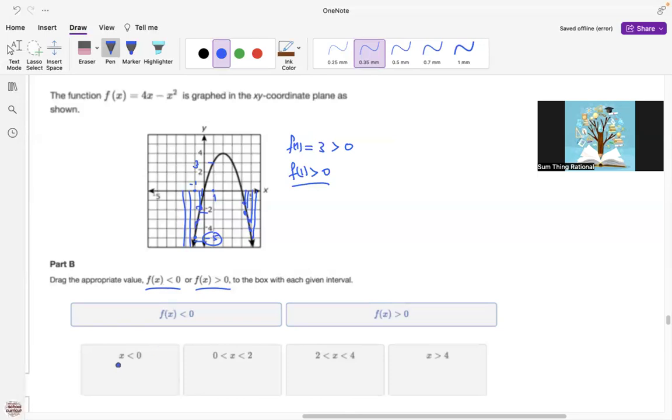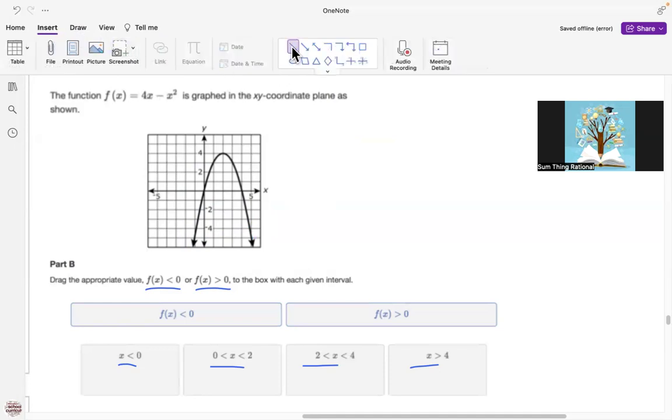So we need to find for what values of x. Since we are given 4 intervals, let me draw those intervals here. I will just insert some lines. One of the intervals is x less than 0, this part.